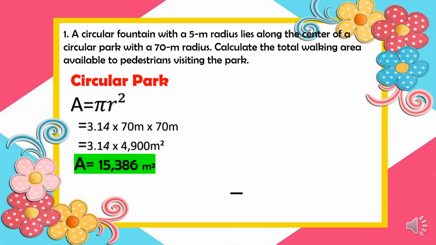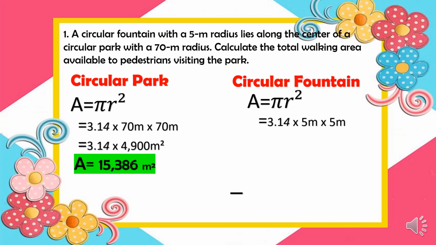So the area of the circular park will be 15,386 square meter. Now, kunin naman natin yung circular fountain which has a radius of 5 meters. So again, we will be using A equals pi r squared. So let us now substitute: 3.14 times 5 meters times 5 meters.